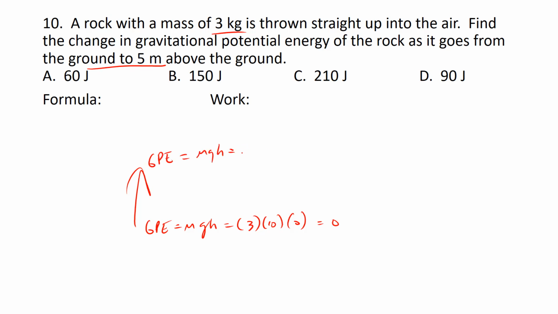And this time it's going to be the mass of 3 kilograms, gravity 10, and then the height of 5. So 3 times 10 times 5 is 150, and that's going to be joules. And so this is the change between there and there. It's going to be 150 joules.